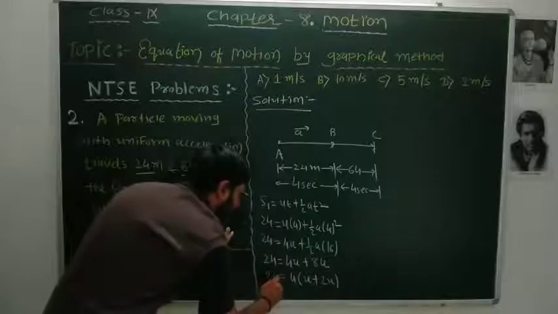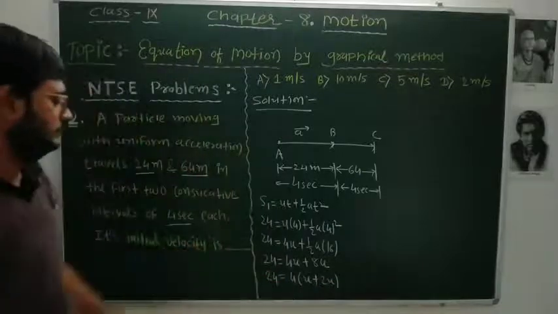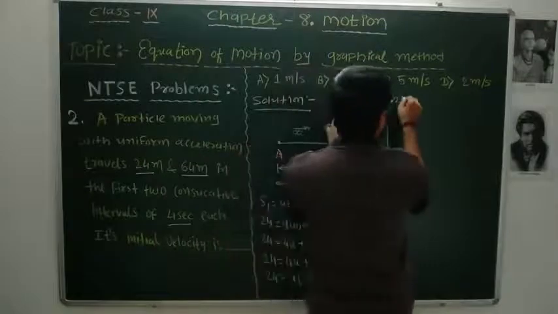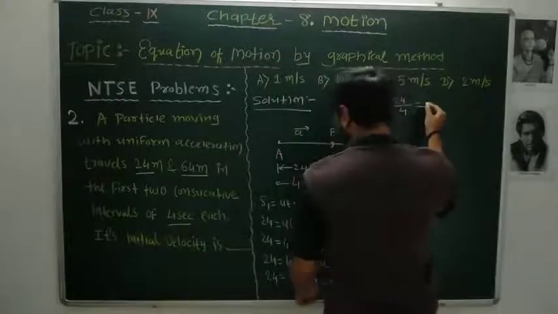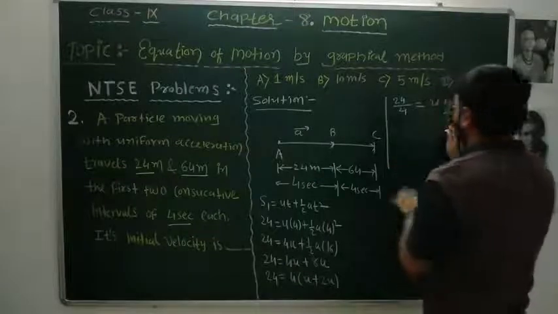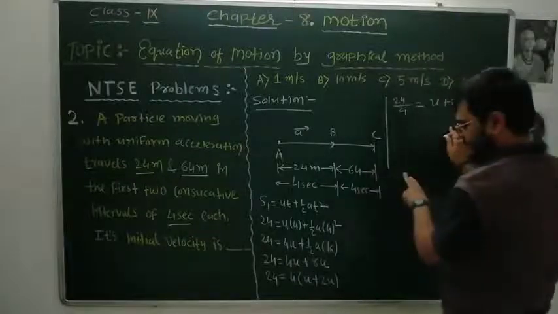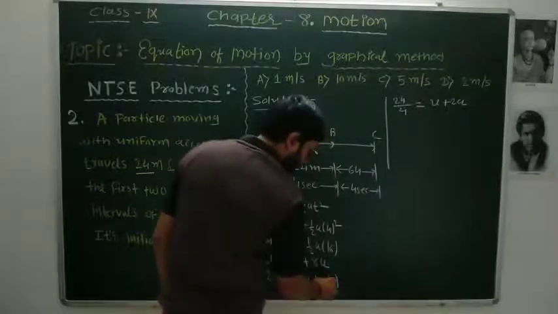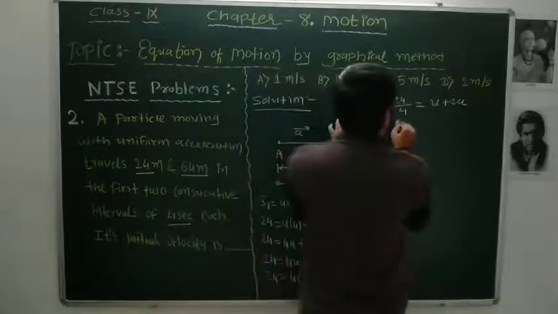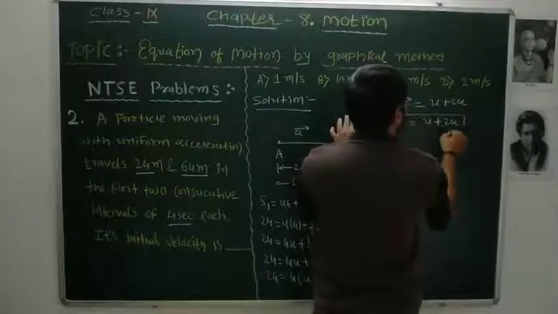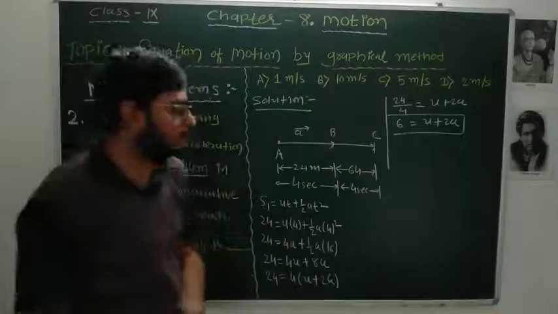So here we finally get 24 by 4 is equal to u plus 2a, that is 6 equals u plus 2a. So this is our first equation.